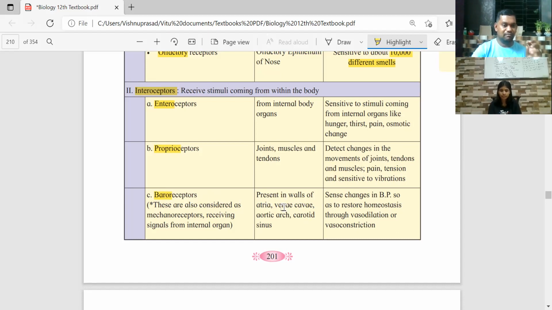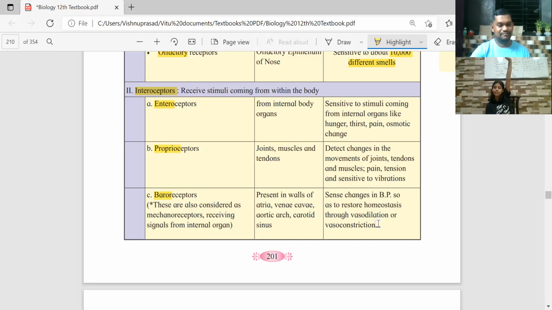Blood pressure acts on their walls. Baro means pressure, like the word barometer. If blood pressure goes high or low, baroreceptors are able to detect changes in the blood pressure. Then there is vasodilation or vasoconstriction as per the requirement.